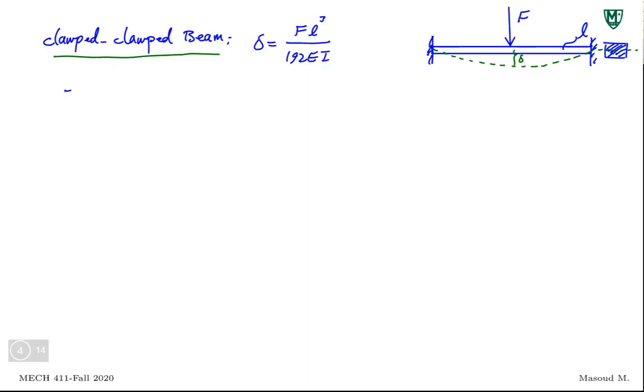So moving things around, F is equal to 192 EI over L^3 times delta. Force and deformation are related using stiffness. So that would be the equivalent stiffness for this system: 192 EI over L^3.